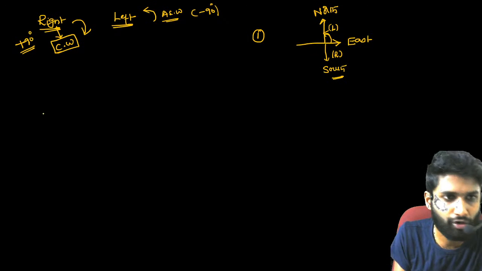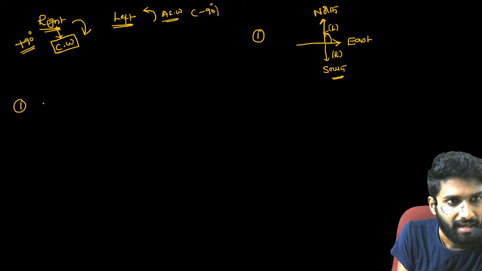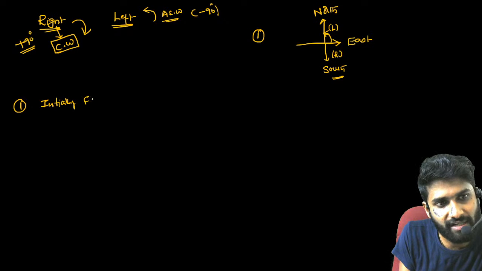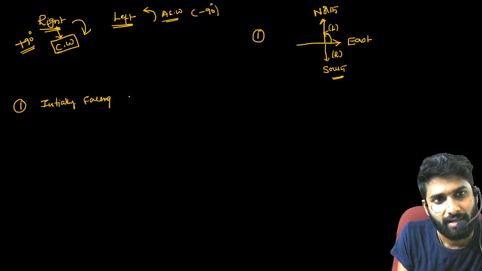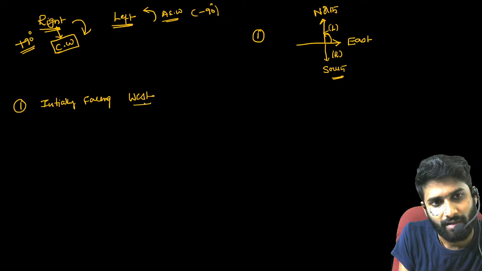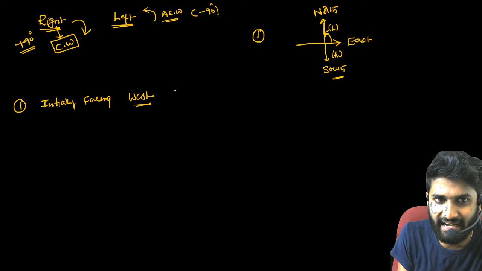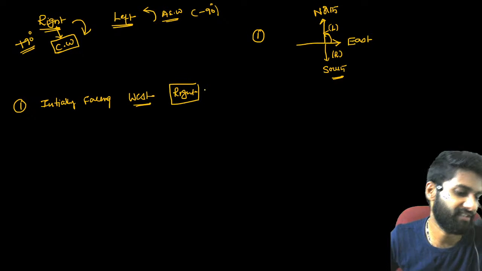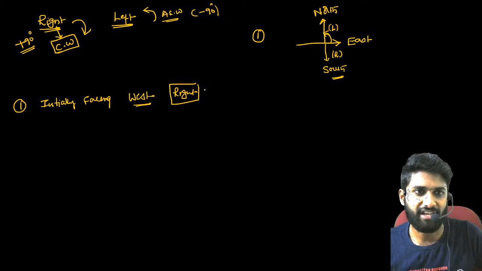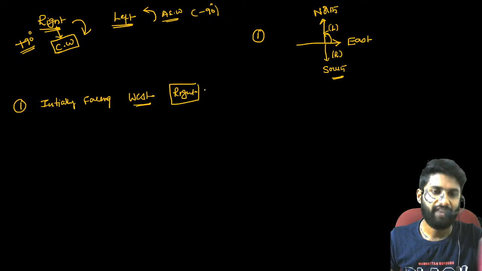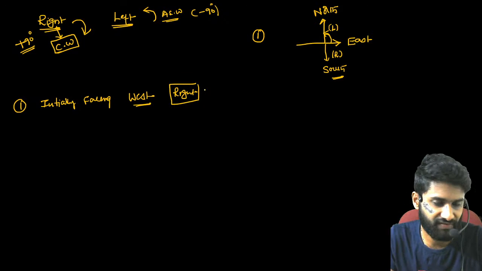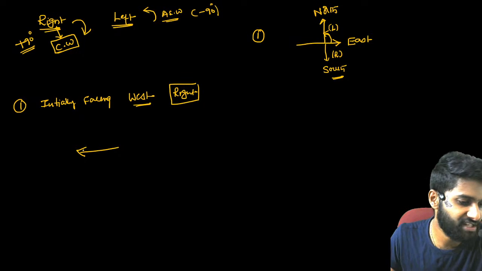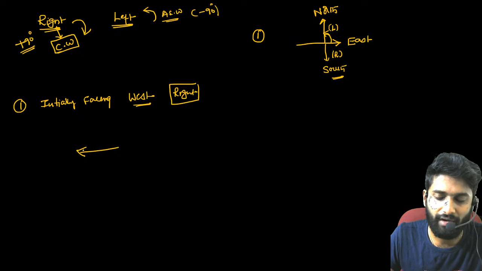Now, what types of questions can you expect? For example, a person is initially facing west. If he turns right side, which direction is he facing now? That is the question. The initial facing is west.